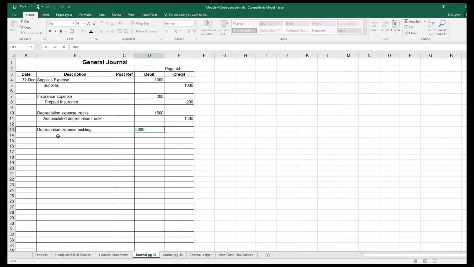And then accumulated depreciation for building, $5,000. That should take care of those next two adjusting entries.